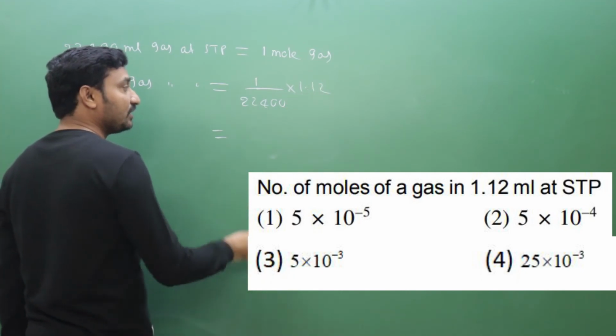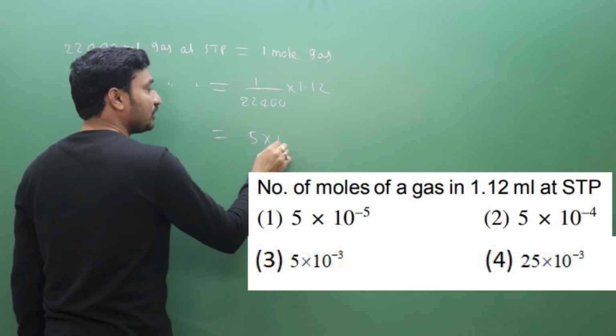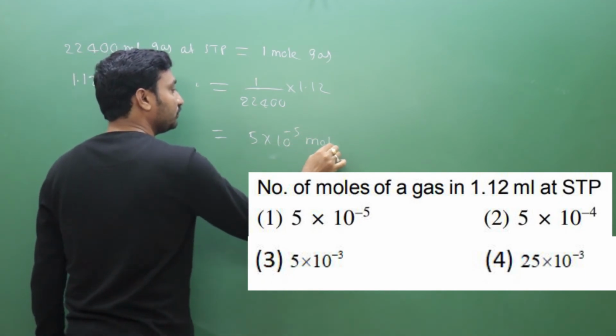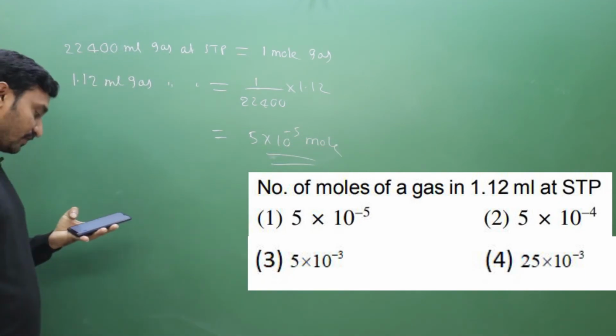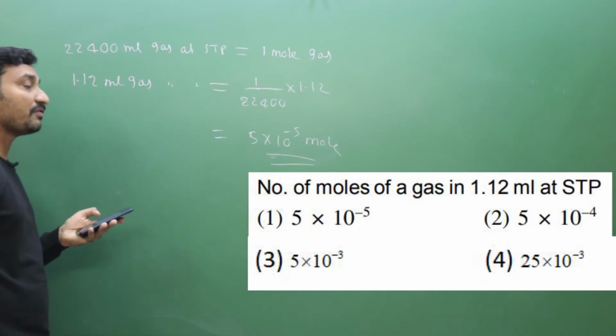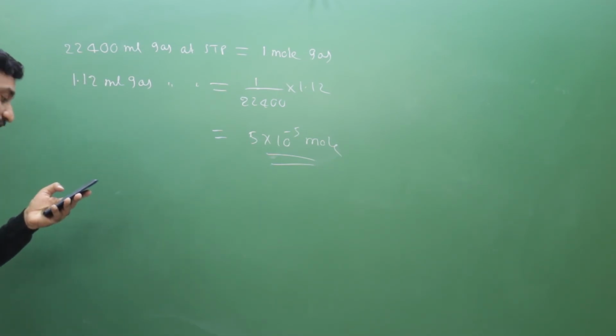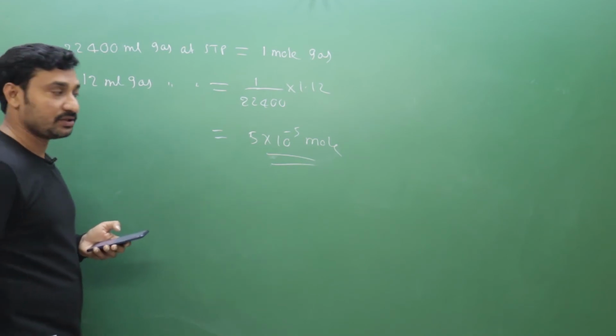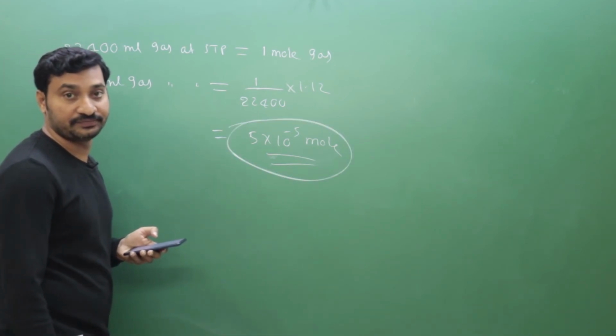If you calculate, you will get 5 into 10 to the power minus 5 mole. Hence what is the right answer? First option, 5 into 10 to the power minus 5 mole of gas. Hence option 1 is correct. Got it? Next question.